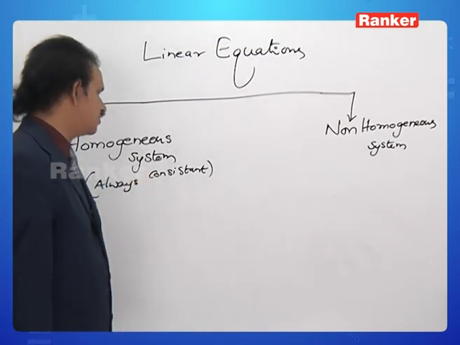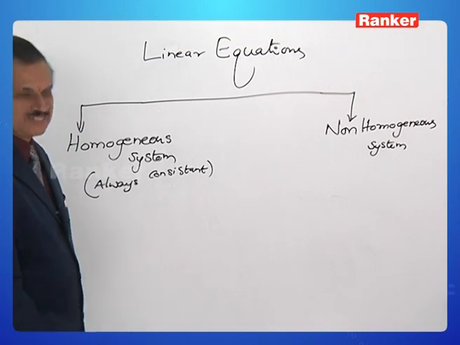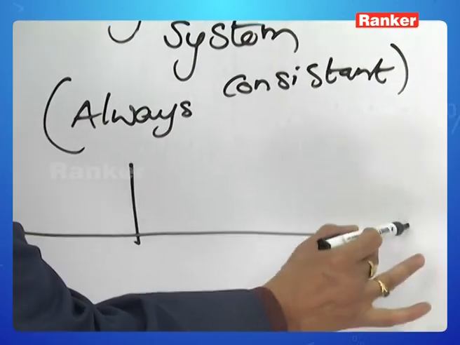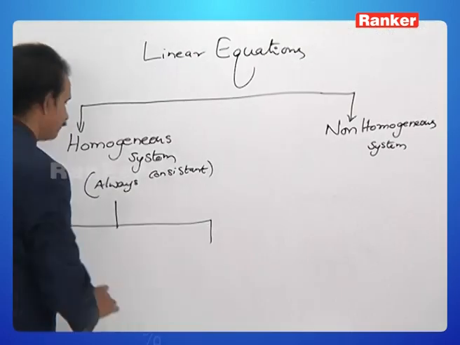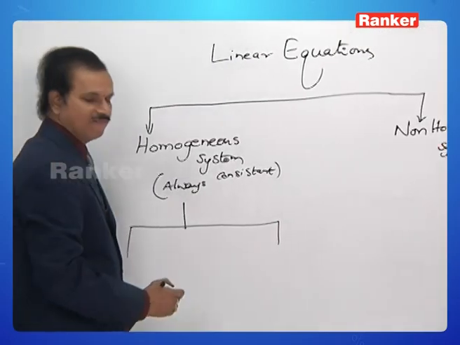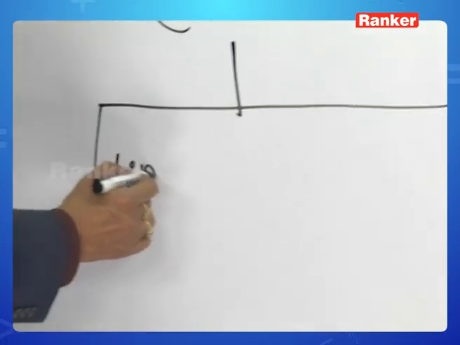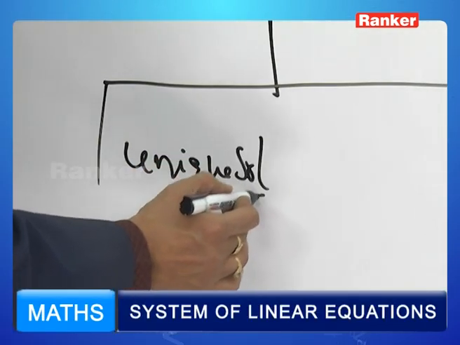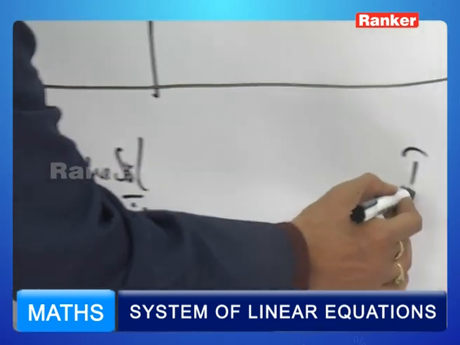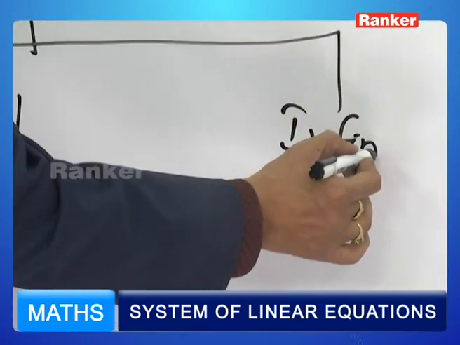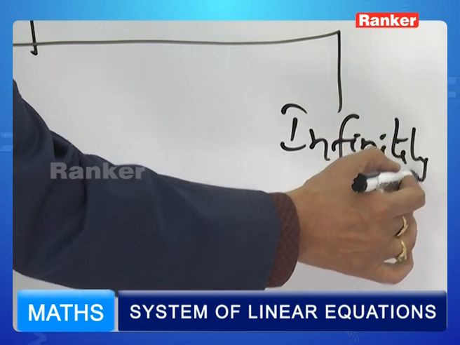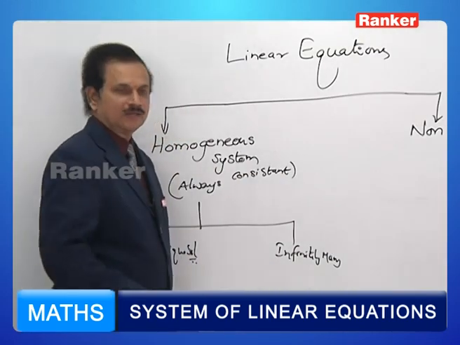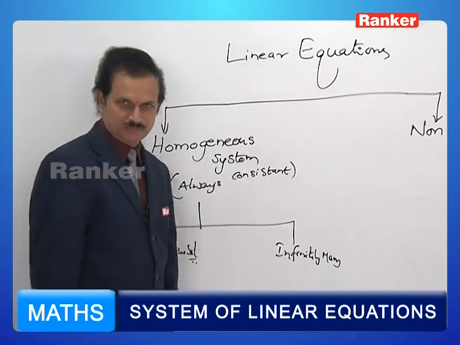Definitely it possesses a solution, always consistent. In this system, only two cases arise. What are the cases? One case is unique solution, the other is infinitely many solutions. This is about homogeneous system.